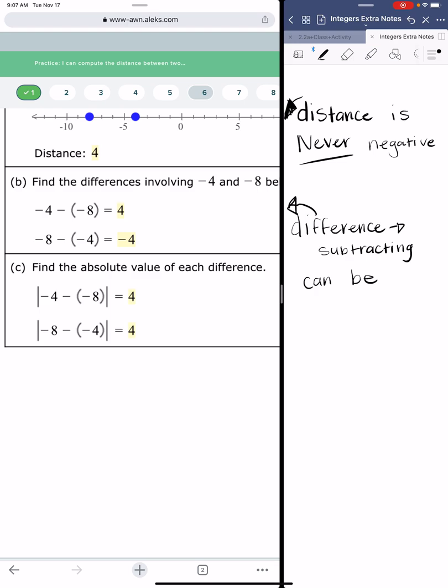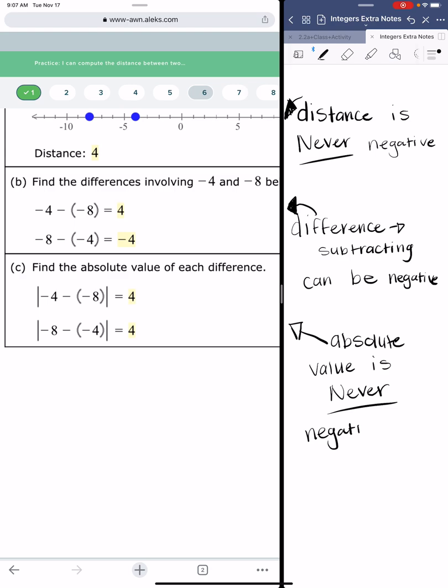Difference right here, we're subtracting, so it can be negative. And on this one, we're looking at the absolute value, and absolute value is the distance from 0. So absolute value is never negative as well. So hopefully that helps. If you get stuck or have any questions, let me know.